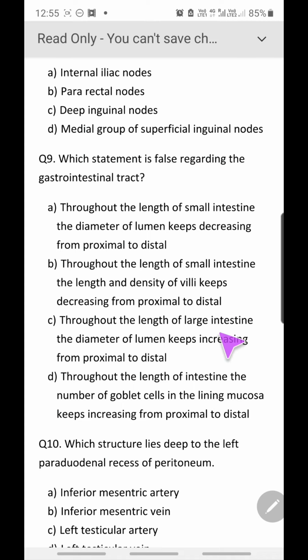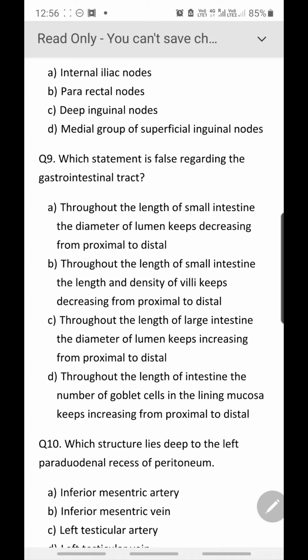Throughout the length of the large intestine, the diameter of the lumen keeps increasing from proximal to distal. Throughout the length of the intestine, the number of goblet cells in the lining mucosa keeps increasing from proximal to distal. So, which is the wrong statement in this regarding GIT?